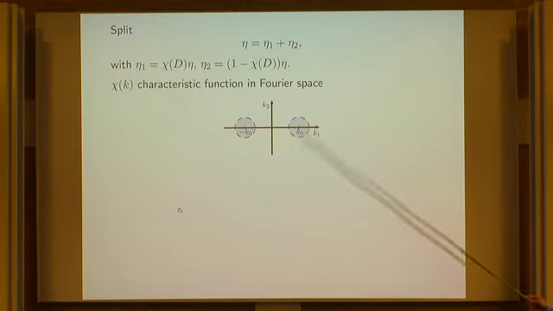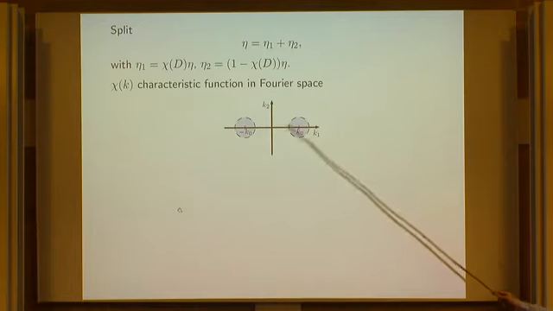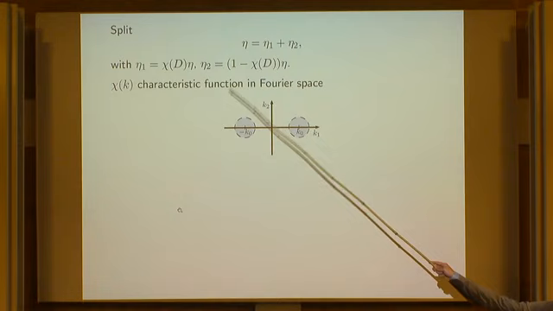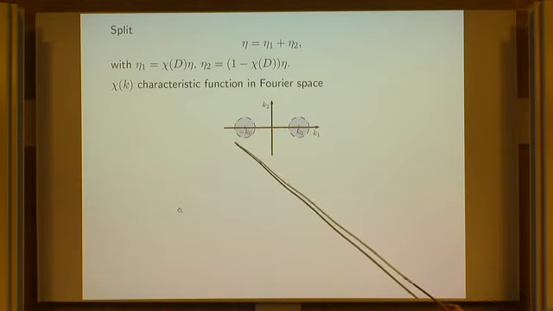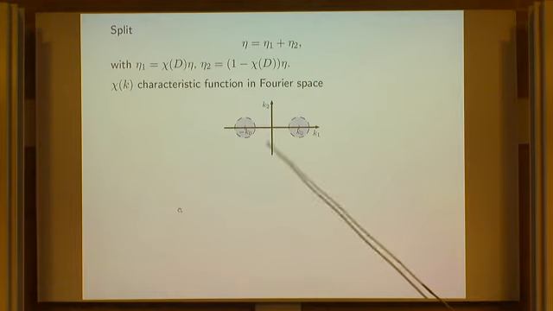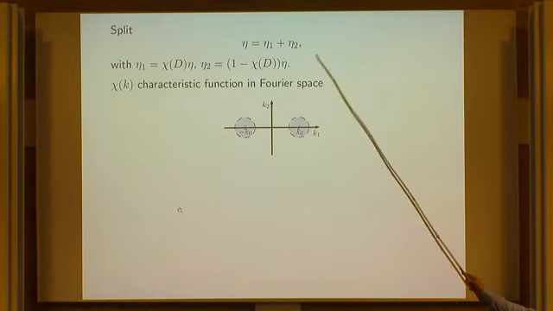And chi is the characteristic function of these two sets. eta 1 is the spectral projection onto this set, and eta 2 is then the remainder. The idea is that eta 1 should be the leading order term. Later on we want to introduce the epsilon in eta 1 and make some kind of scaling, but it's not so easy to do it directly in eta. We need to do this decomposition first.